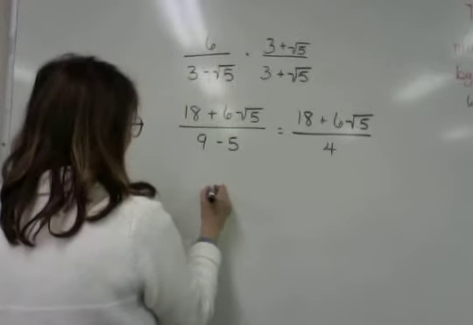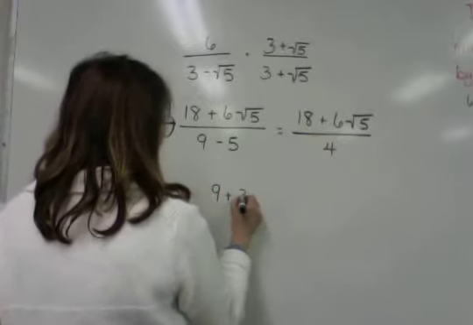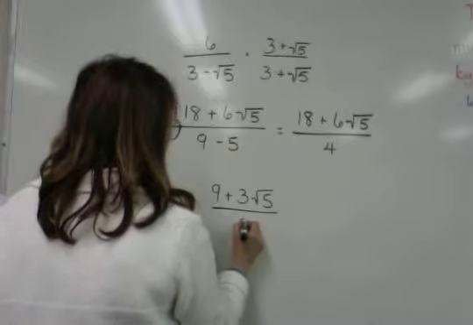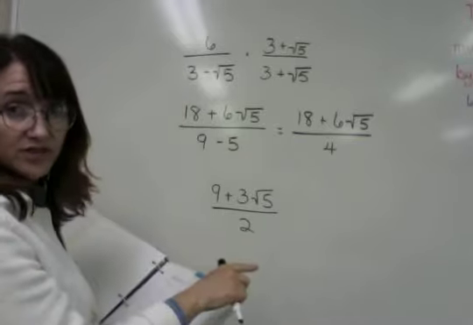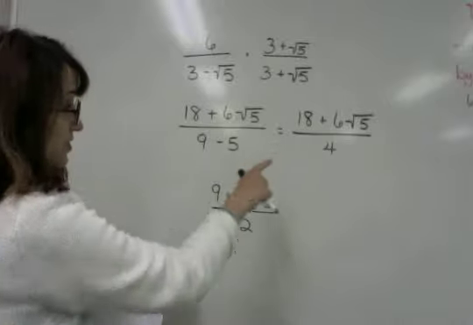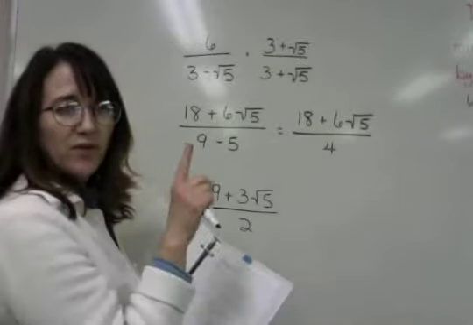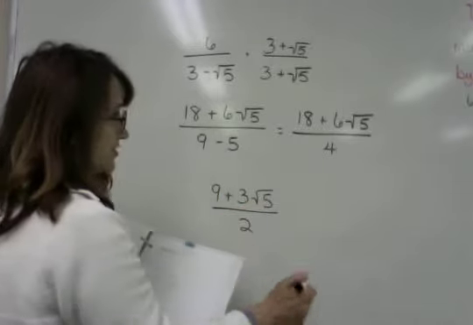So if I divide 18 by 2, I have a 9. If I divide the 6 by 2, I have a 3. If I divide the 4 by 2, I have a 2. This is my simplified version of that radical expression. If you've got this, that's fine and wonderful, but you have one more step you have to take. So this is the final answer for it.